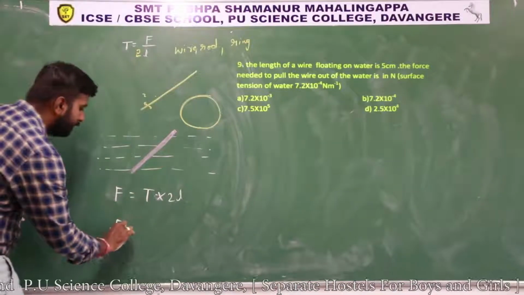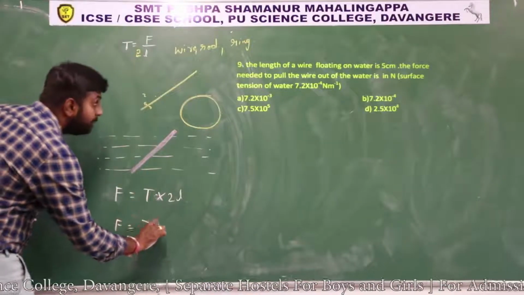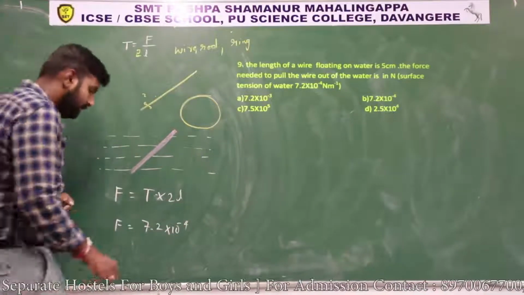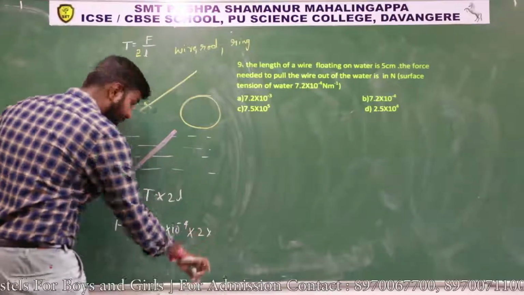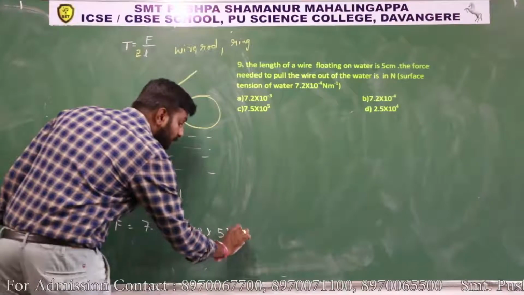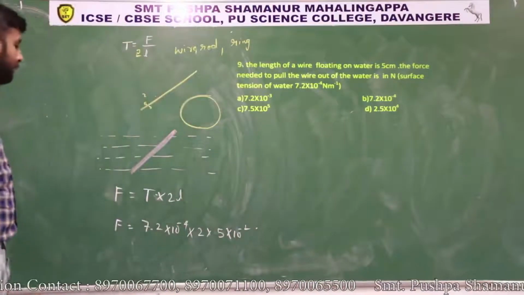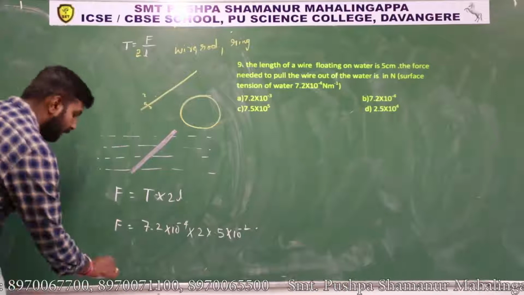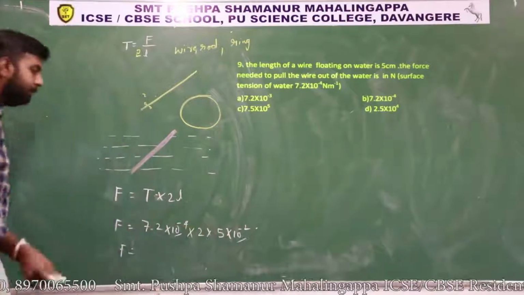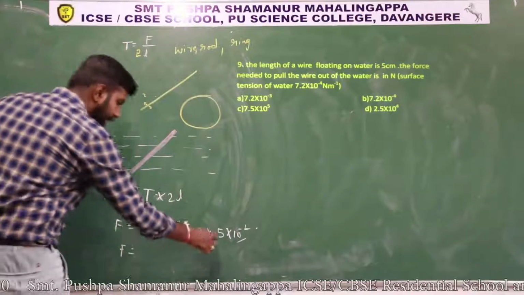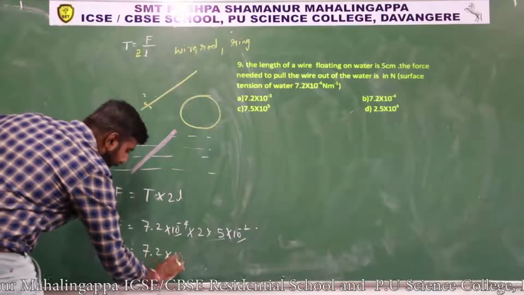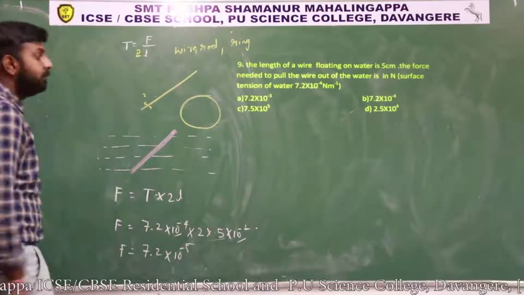Then F equals, the surface tension value is given as 7.2 into 10 to the power minus 4, multiplying by 2, length is 5 centimeter, 5 into 10 to the power minus 2. Then you calculate, minus 4 minus 2 is minus 6, and 10 into 7.2 gives 7.2 into 10 to the power minus 5.